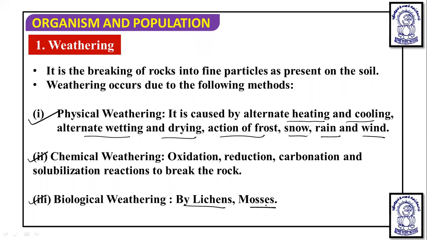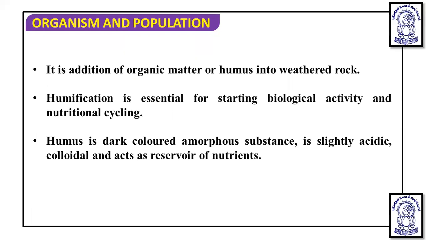So now we have weathered rock, which is occurring from the bottom side. But along with this, from the upper side, organic matter or humus is added into the weathered rock.